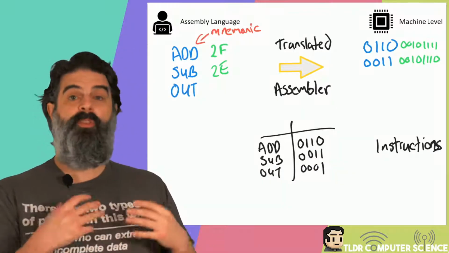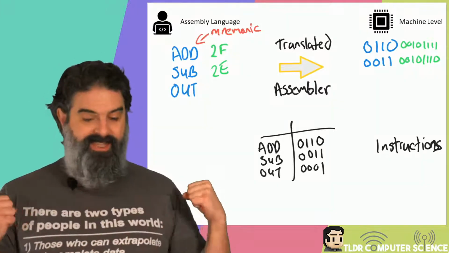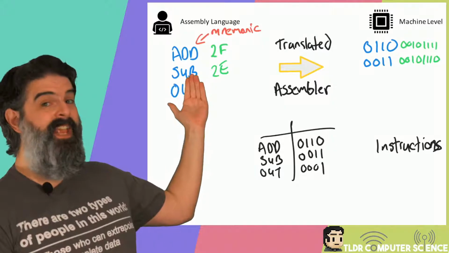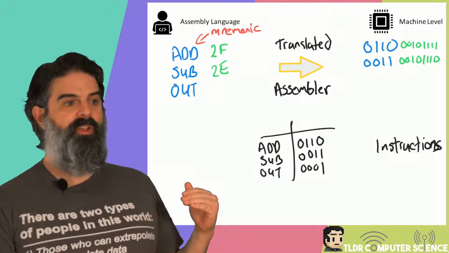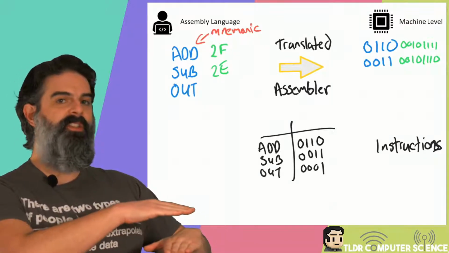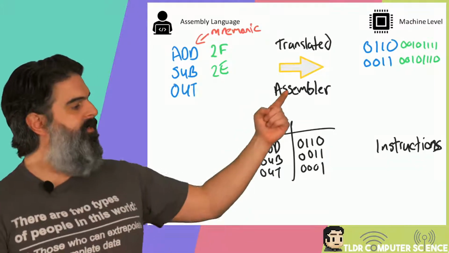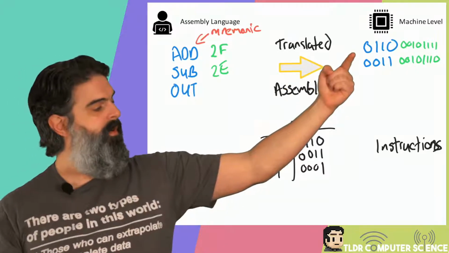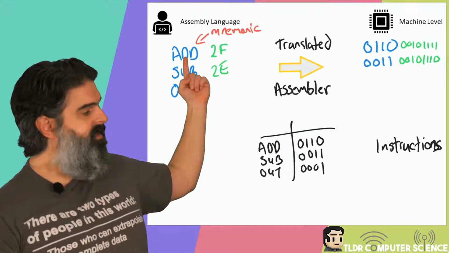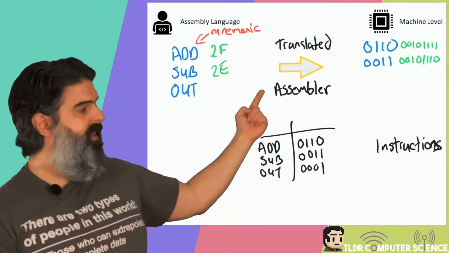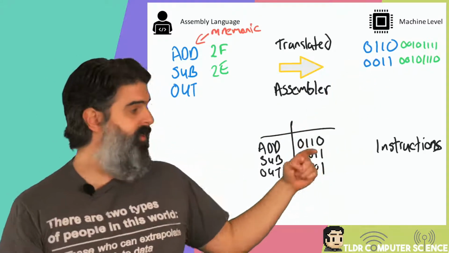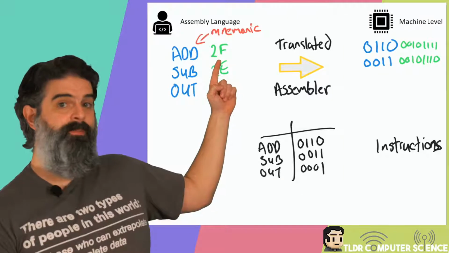And so human beings, programmers, figured out ways to make it easier for people to do. This over here, this is assembly language. If we imagine that there's the machine level right at the bottom, assembly language is slightly easier to use. It's called a low-level language. Now, instead of having to remember that 0110 means to add a number, I can just write the mnemonic, the word add. Instead of having to remember the ones and zeros for the actual memory, I can just use hexadecimal.